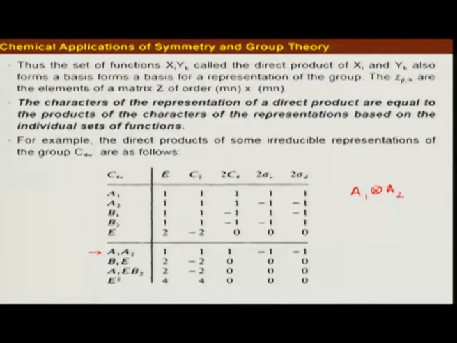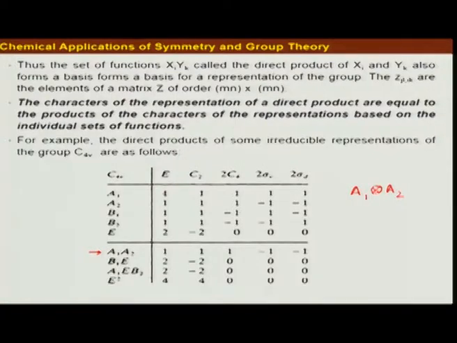When you have the direct product, you take a one-to-one product between the characters corresponding to the two different irreducible representations for a particular symmetry operation.